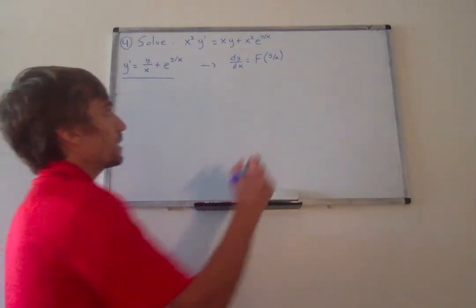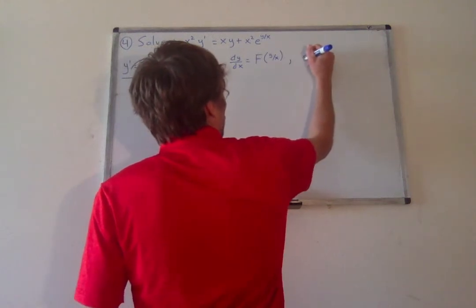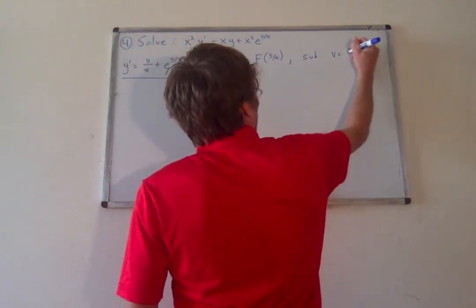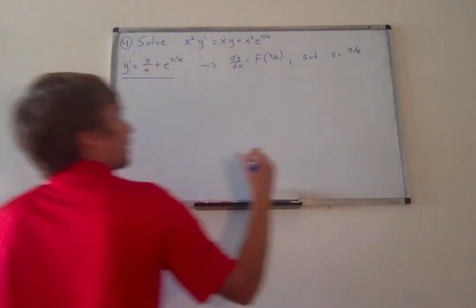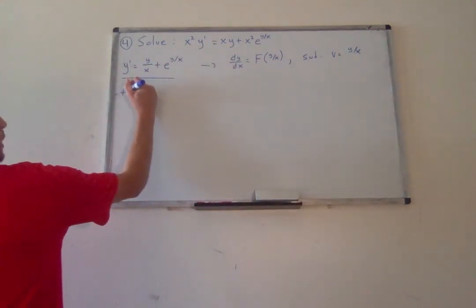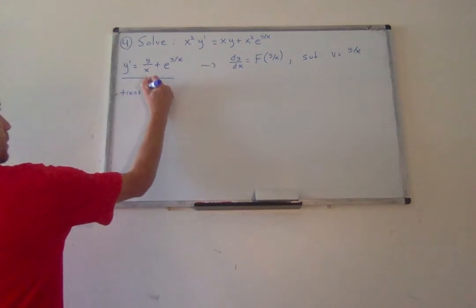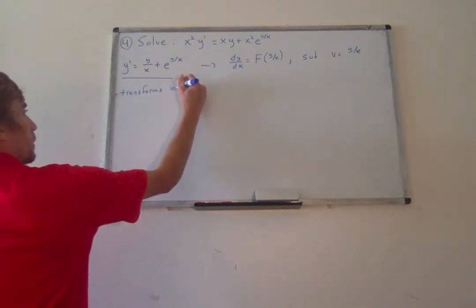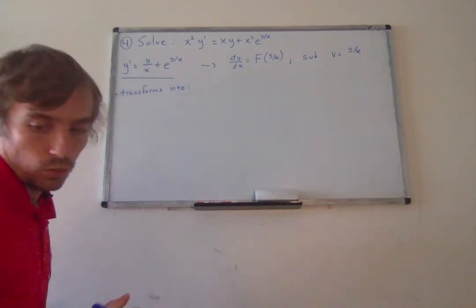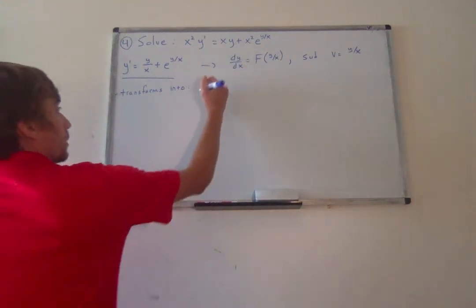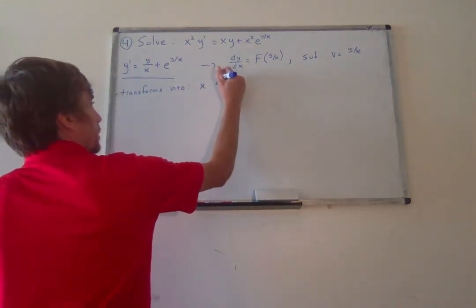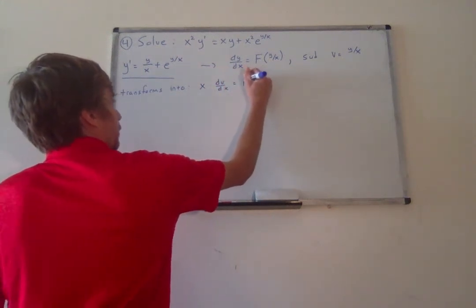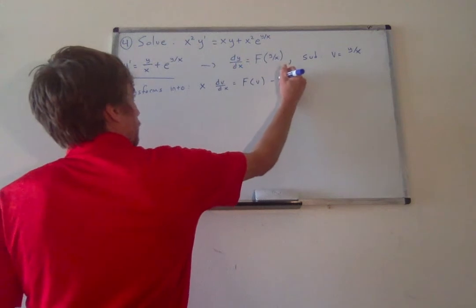The way we solve this is by making the substitution v equals y over x. And what this does is it transforms our equation into what should be a separable equation, x times dv dx equals f of v minus v.